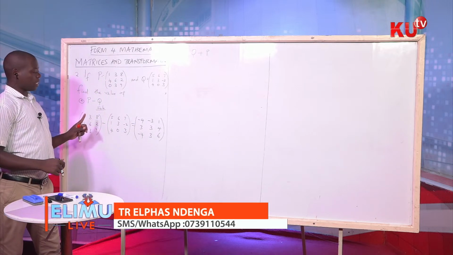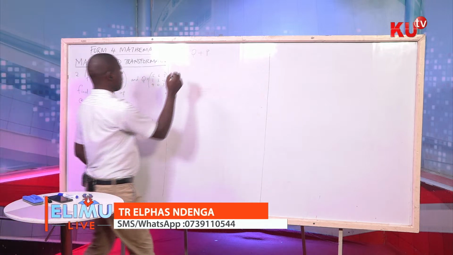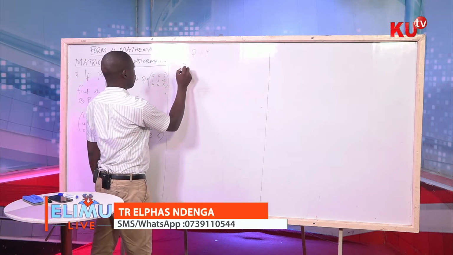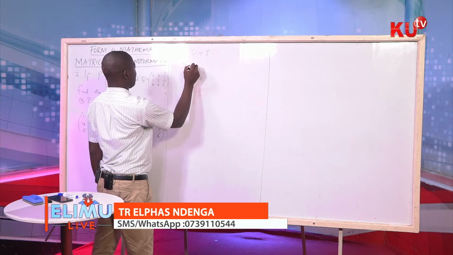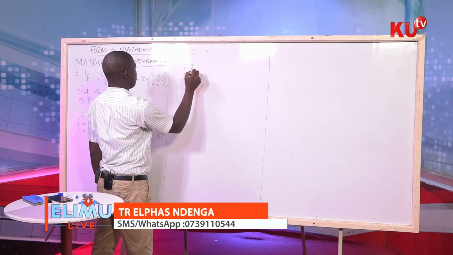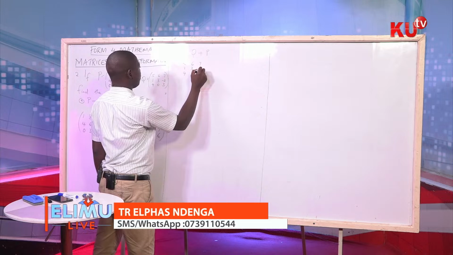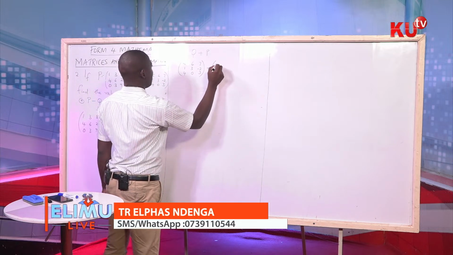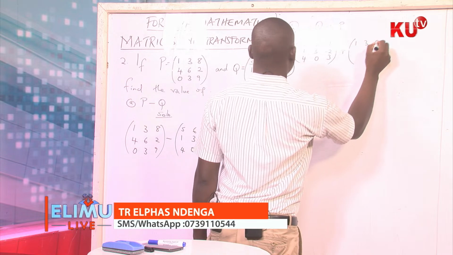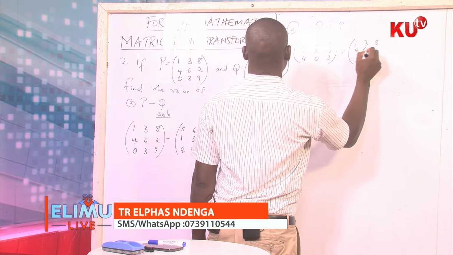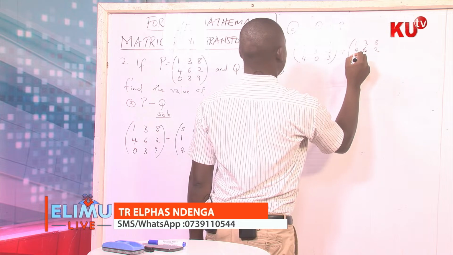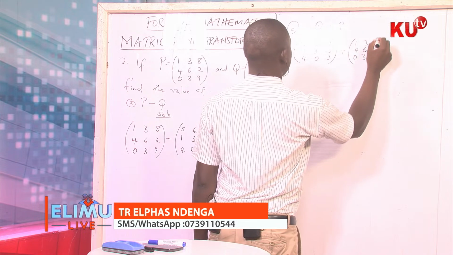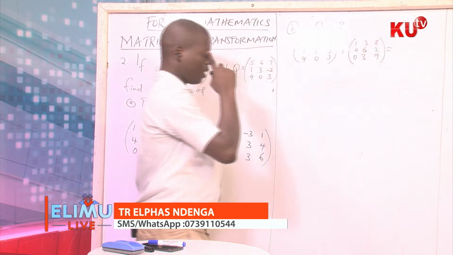Now we have Q plus P. So we'll take Q. Q is 5, 1, 4, 6, 3, 0, 7, negative 2, 3. We add P, which is 1, 3, 8, 4, 6, 2, 0, 3, 9.